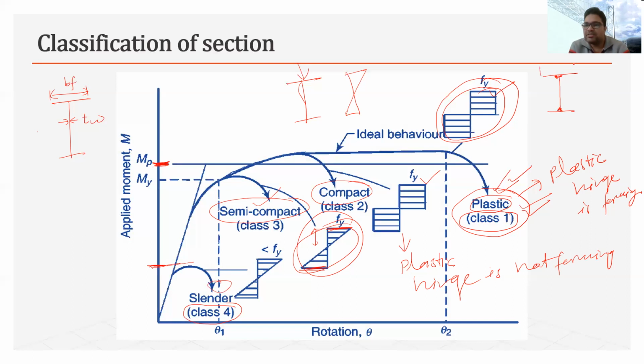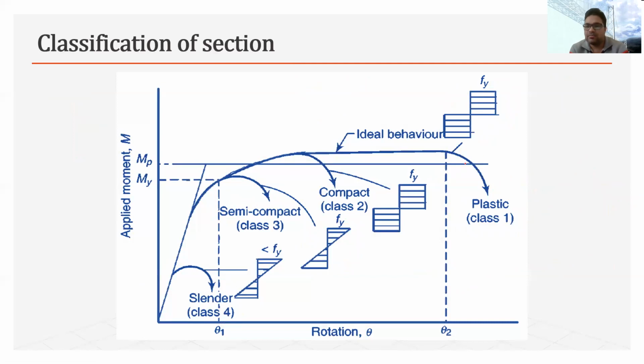So in that case, this ratio, BF by TW, is higher, and it may fall under this category also, slender. Okay. So basically, in our case, we will generally use hot rolled sections, and they can be plastic sections, class 2 compact sections, or semi-compact sections.